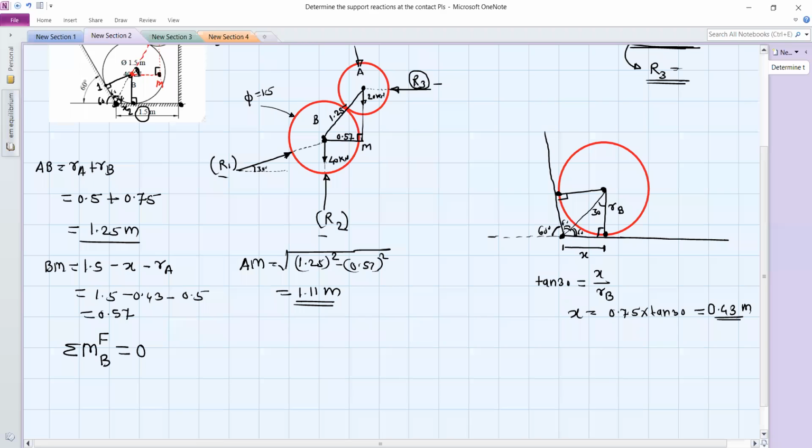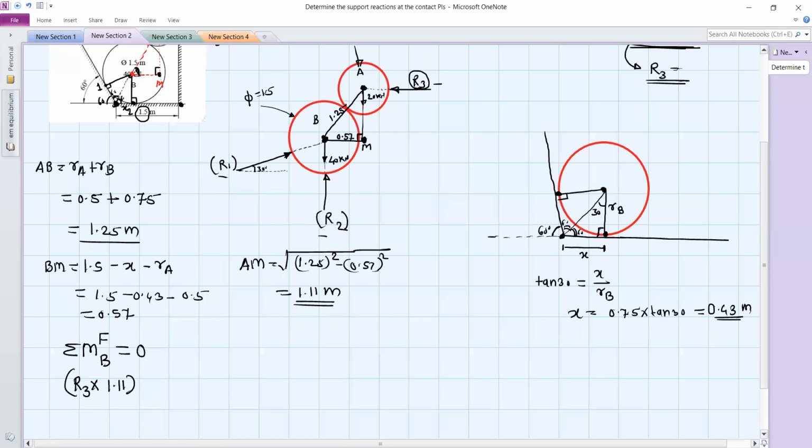So we will start from reaction R3. Okay, so reaction R3 into, so what is the perpendicular distance for reaction R3? This distance AM, it is the perpendicular distance. So AM is 1.1, and this moment about the point B is anti-clockwise. Okay, so this is positive.